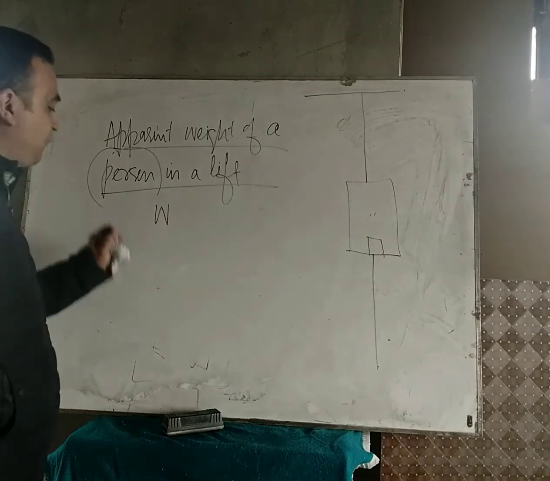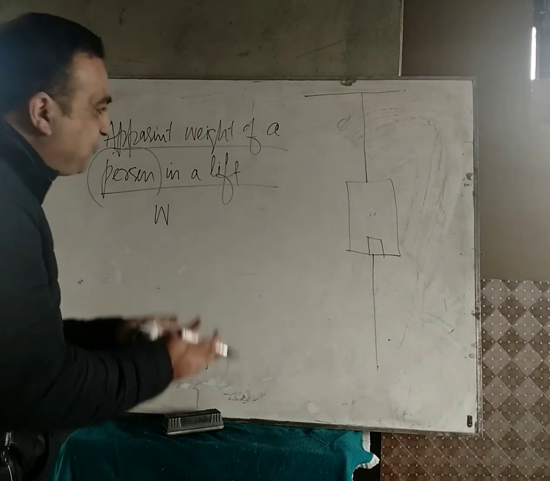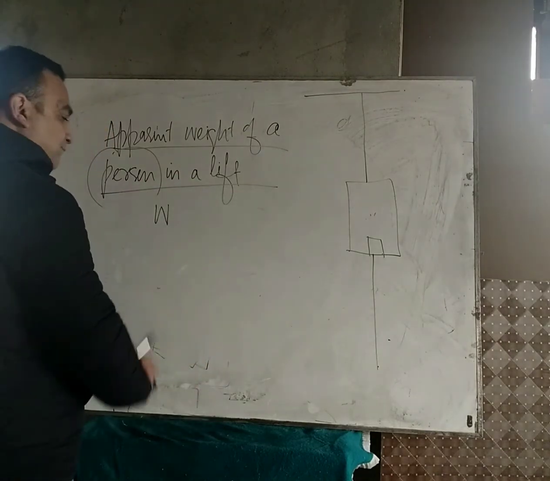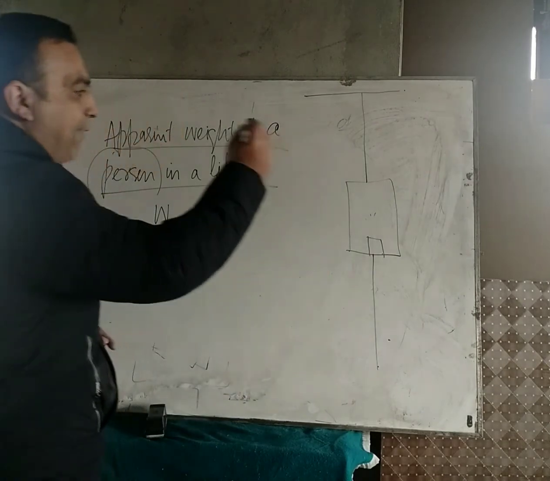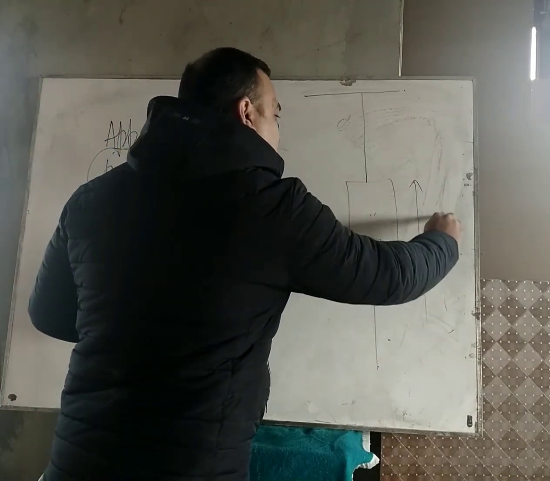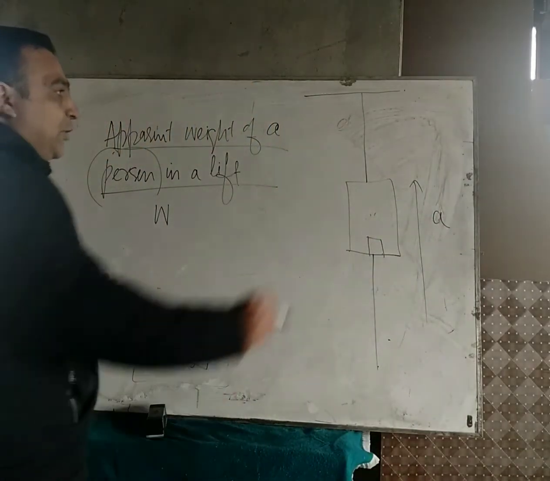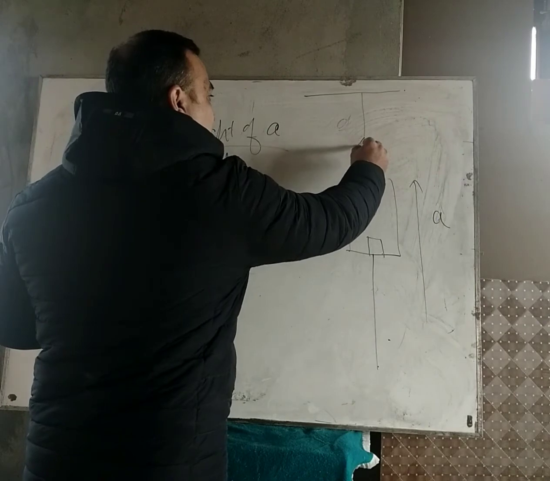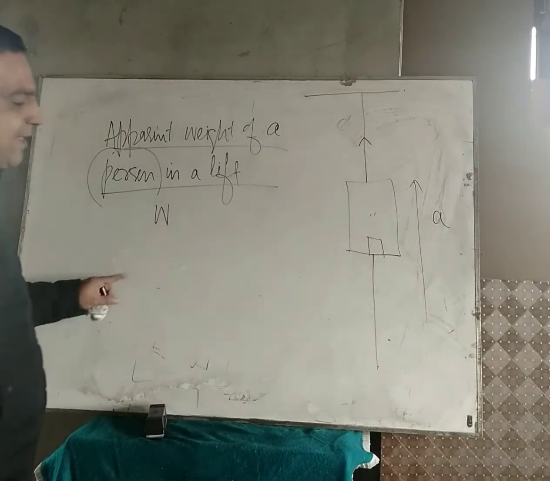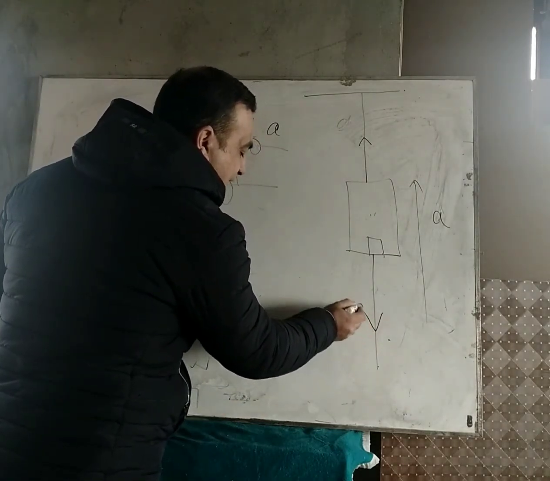So the very first situation that we are trying to learn is when the lift goes up. What's going to happen in that case? When the lift goes up, its direction of acceleration will be this. The rope will have a tension T in the upward direction, and the gravity of Earth is always attracting it.